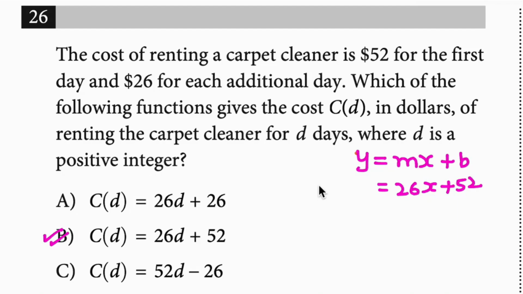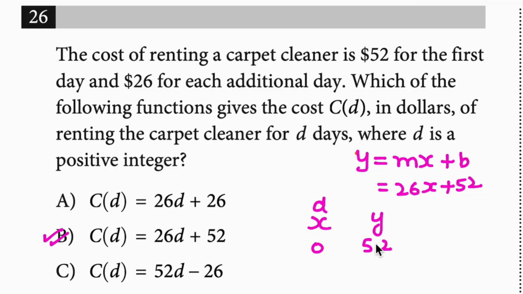No. Let's understand why. If you are saying 52 is the initial value, that means input is 0, right? Here, that is the number of days. Number of days is 0. That means this 52 is like you have not taken the carpet cleaner yet, but you are paying $52.